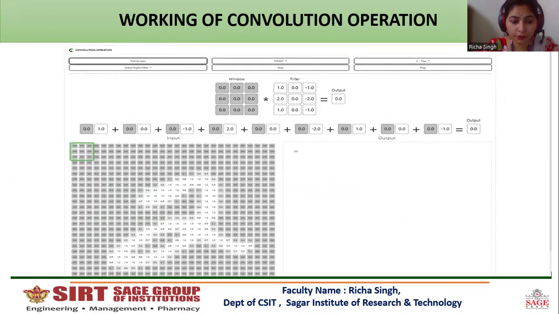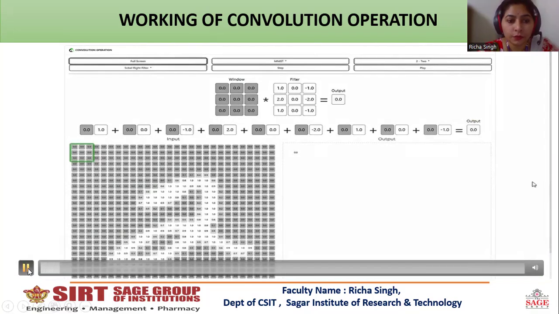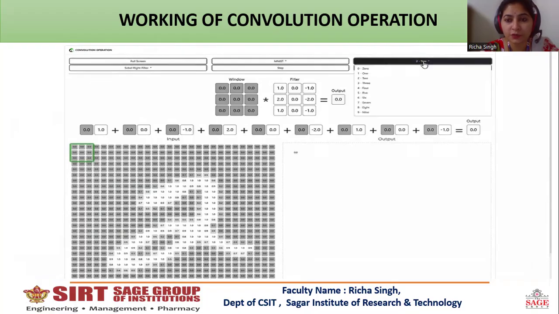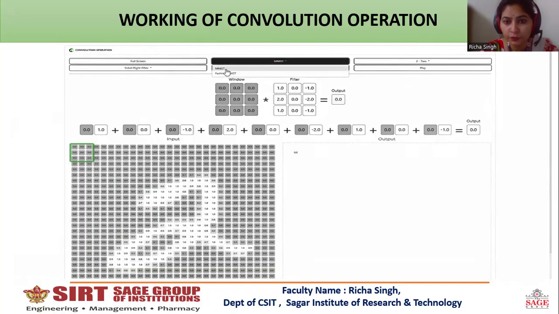So now I'm going to show you how the process is working here. In this way, we are able to understand how the convolutional operation has been performed. Here you can see a simple image of a two numerical digit.